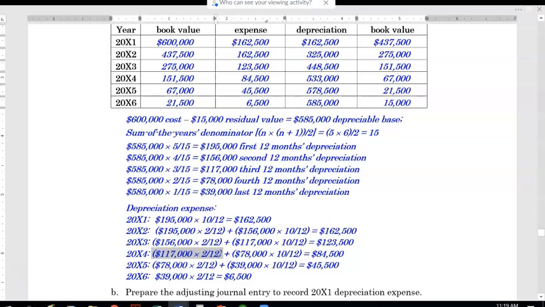I'm going to take care of that calculation. Plus, in year 4, I have 78,000 to depreciate. I'm going to do that, but just for 10 months, because 2 months already I did in here. So 10 months, add them. It's 84,500 that goes into year 4 depreciation.